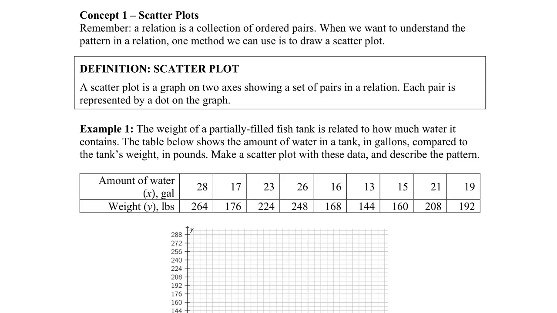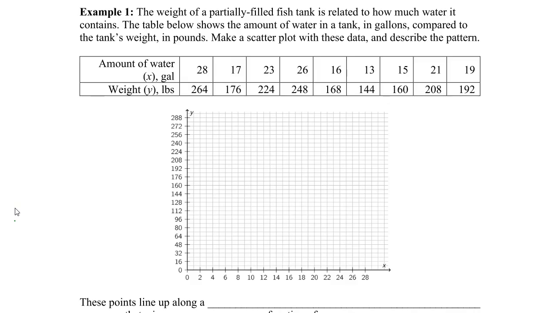Typically, we will use technology to make scatter plots because, well, take a look at how this is set up. In this example, we're told that the weight of a partially filled fish tank is related to how much water it contains. And we have a table showing us x, the amount of water in gallons, versus y, the weight of the fish tank.